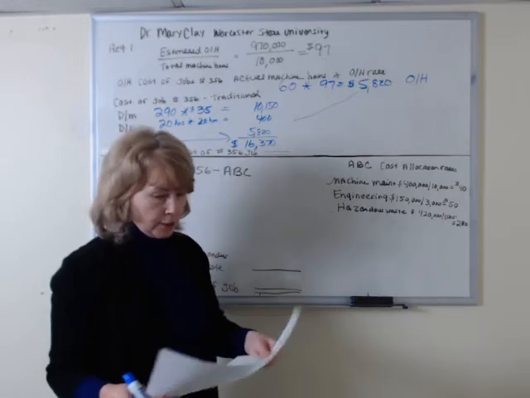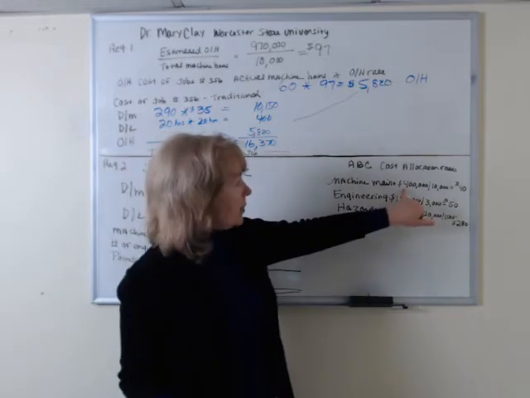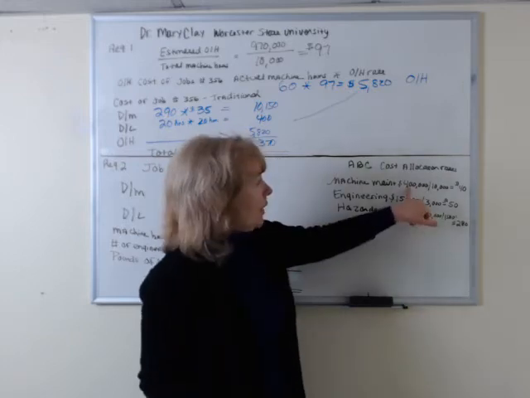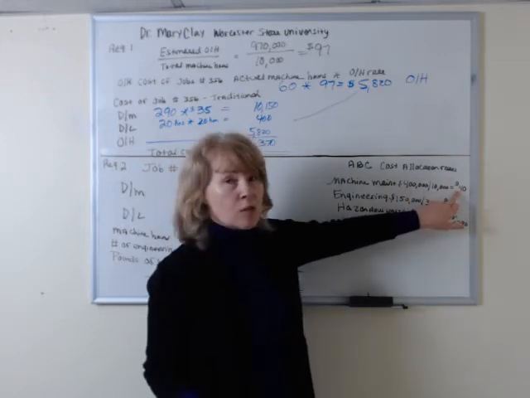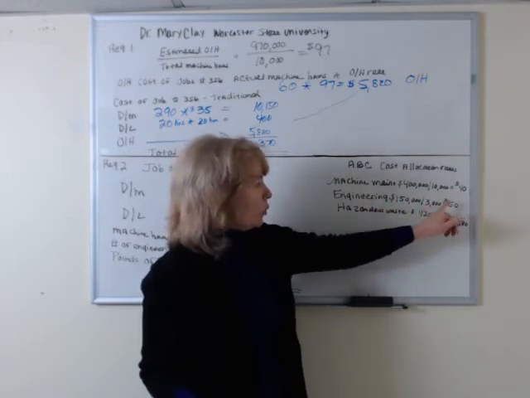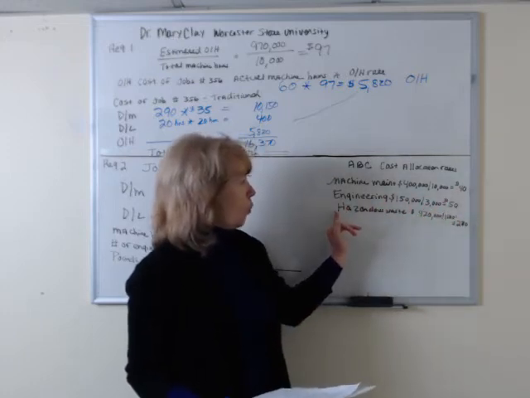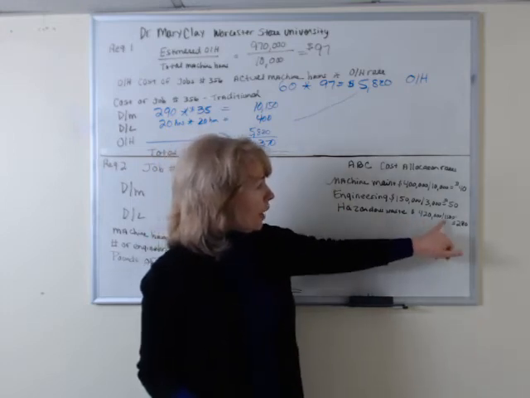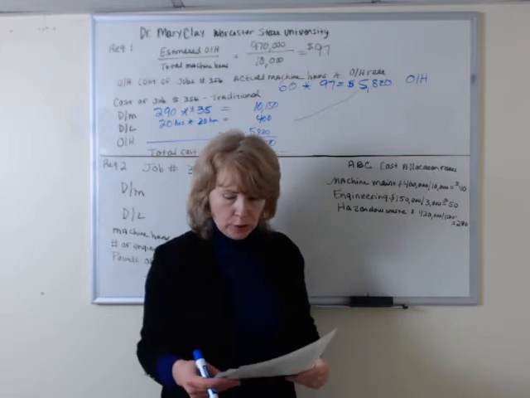So look at the particular problem, divide this out, machine hours. Remember, these are estimates. 400,000 divided by 10,000 equals 40. Engineering, 150,000 divided by 3,000 equals 50. Hazardous waste is 420,000 divided by 1,500, which gives you 280.